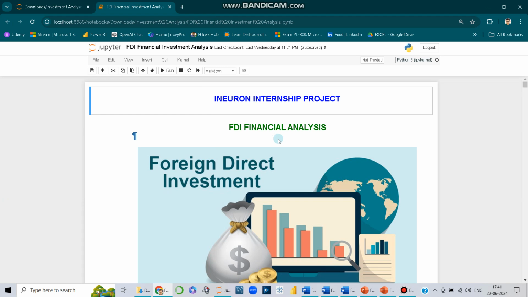The dataset is completely based on foreign direct investment, where we are supposed to analyze the historical data for the last 17 years, ranging from 2000 to 2017, and the dataset contains sector and financial year wise data of FDI. We have performed initial pre-processing of the data, data manipulations, and EDA, which stands for exploratory data analysis.